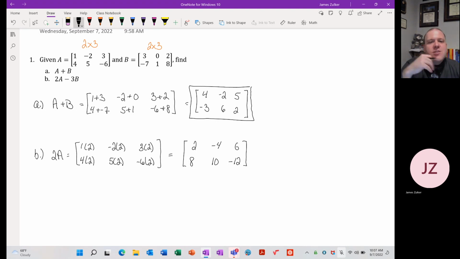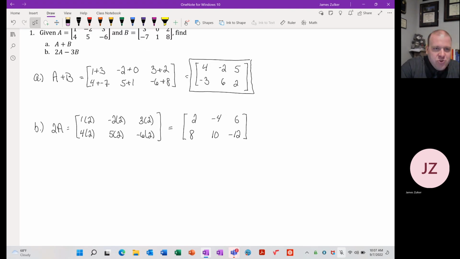Now, technically speaking, there is no such thing as matrix subtraction, right? When you see subtraction, what we're really doing is adding the negative.